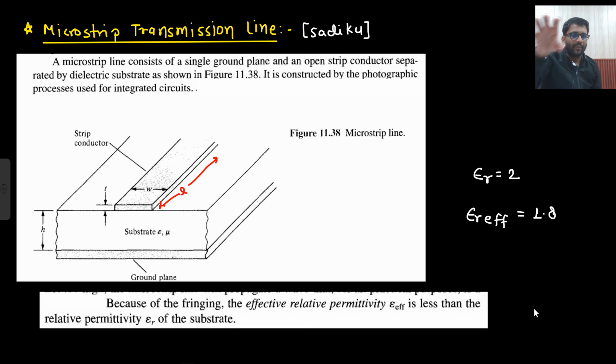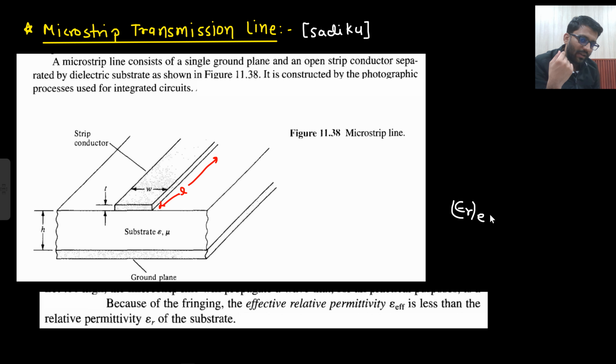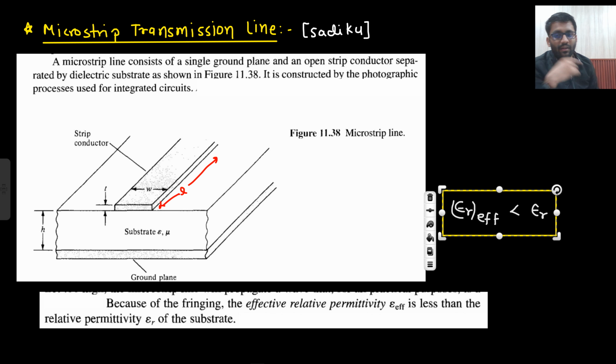But because of fringing, the effective relative permittivity decreases. So this is the only thing that you need to keep in mind in microstrip transmission line. Because of fringing, the effective relative permittivity epsilon effective is lesser than the relative permittivity epsilon r. Basically, the effective relative permittivity will be less than the actual relative permittivity. So this medium had a relative permittivity of 2, but the effective relative permittivity will be 1.8.